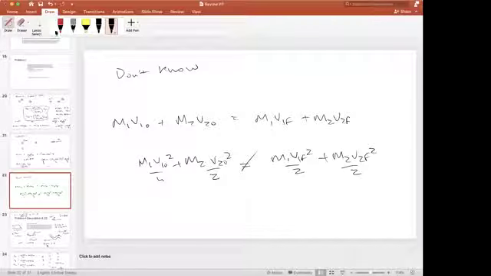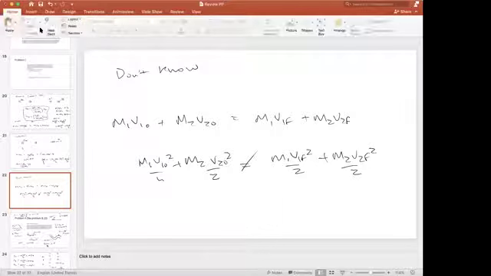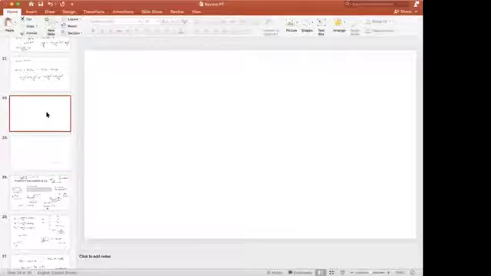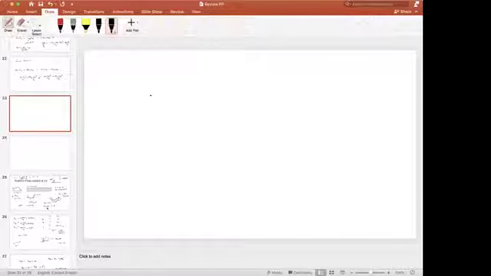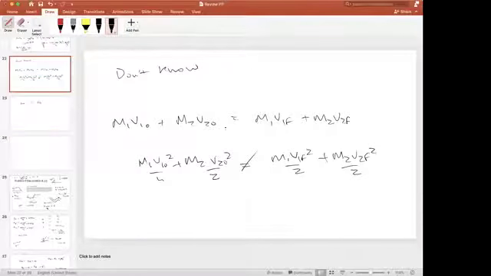What this leads to, though, with inelastic collisions, we already know this, we just did this. And the change of MV is equal to the force times time.